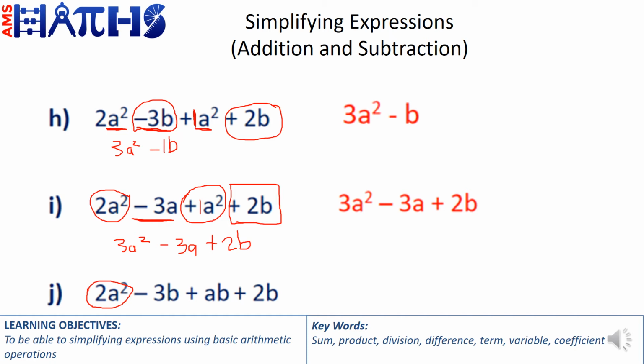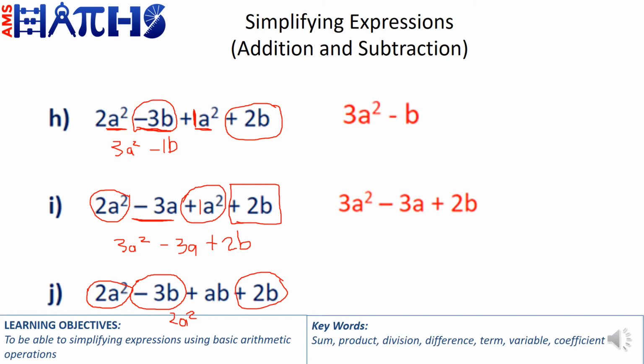And so we write back 2a squared. Then we have b's, a minus 3b and a plus 2b.